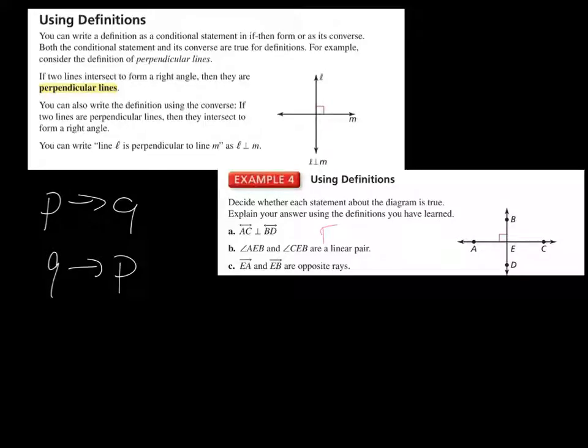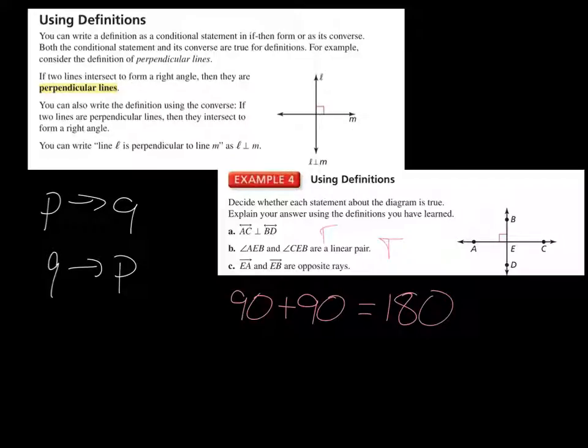Next statement we have is AEB and CEB are a linear pair. Again, for a linear pair, we know those two angles need to add up to 180, and if we look at what those two right angles would add up to, that would indeed be 180 degrees. So this is also a true statement.